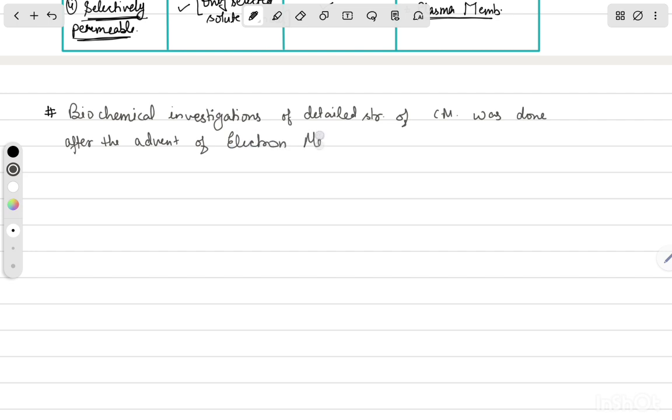Means after the discovery of the electron microscope, it was studied.